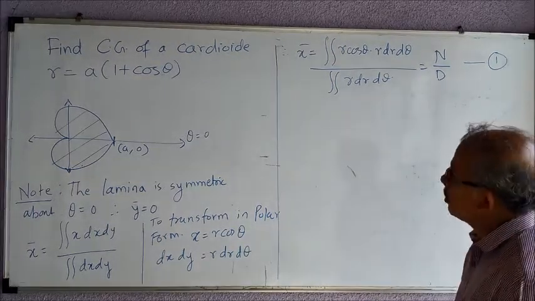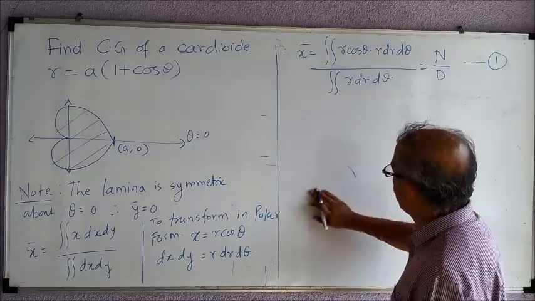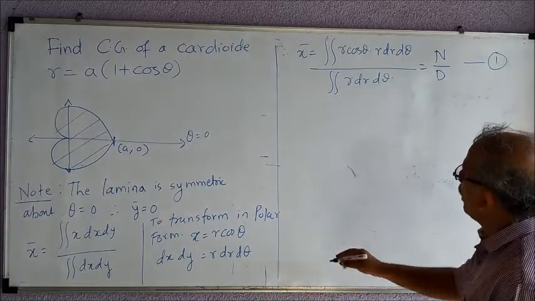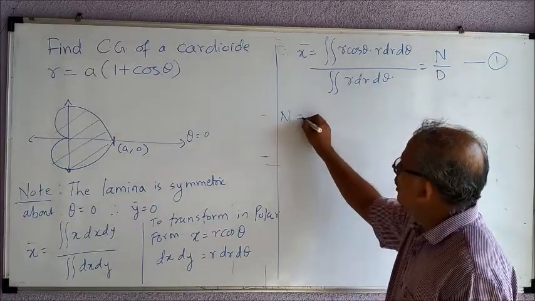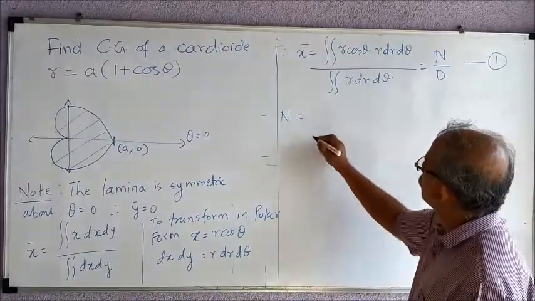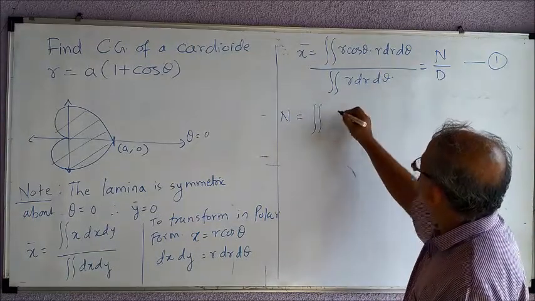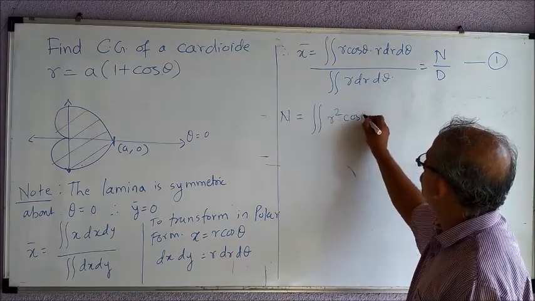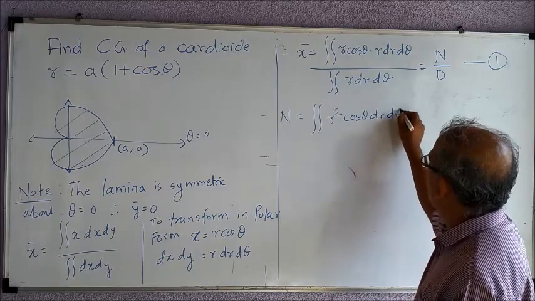Okay, so let us take this example. I'll first of all take the numerator. So it is double integration, and this becomes r square cos theta dr d theta.